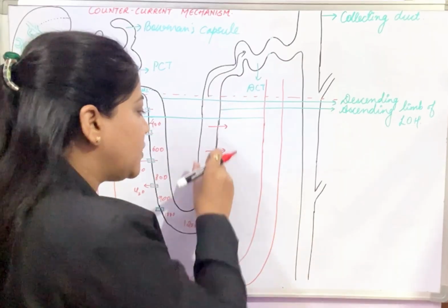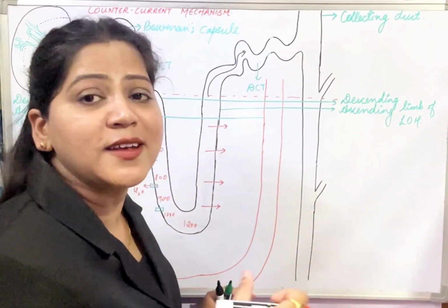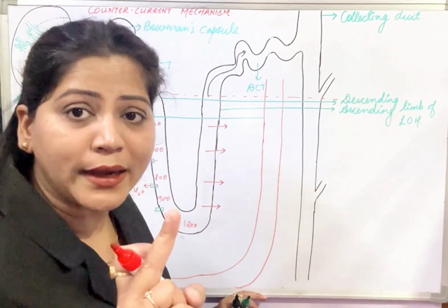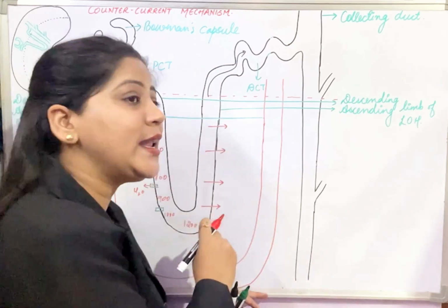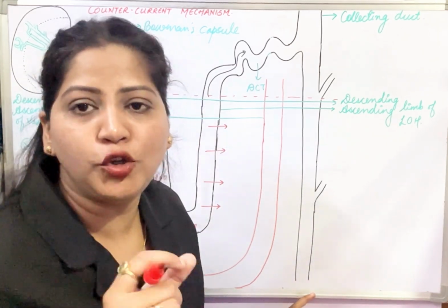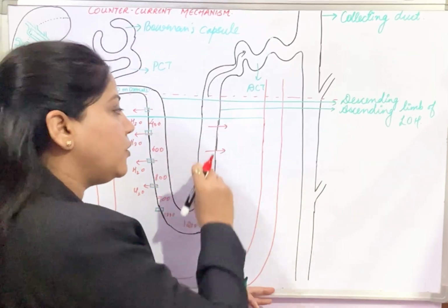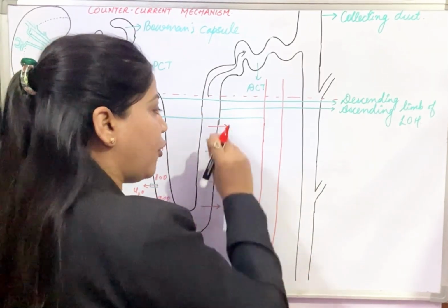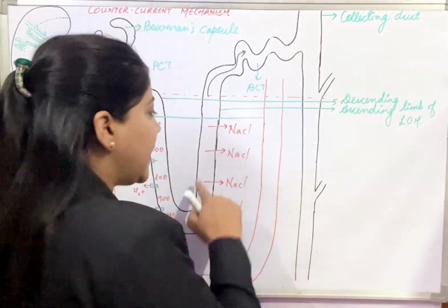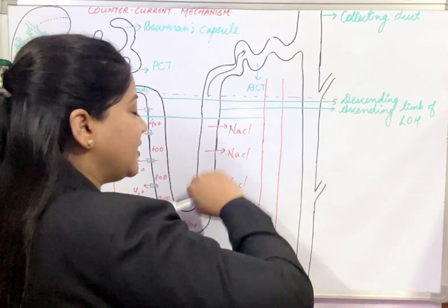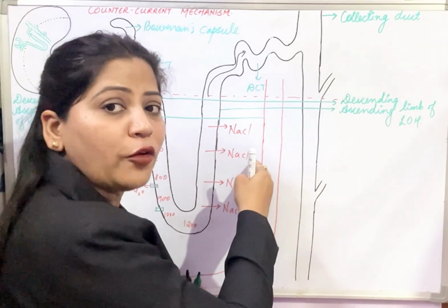This region is impermeable to water, so water cannot move out of it, but the ascending limb is permeable to some solutes and ions. So from this region, NaCl will be removed from the fluid to the interstitial fluid of the kidney.